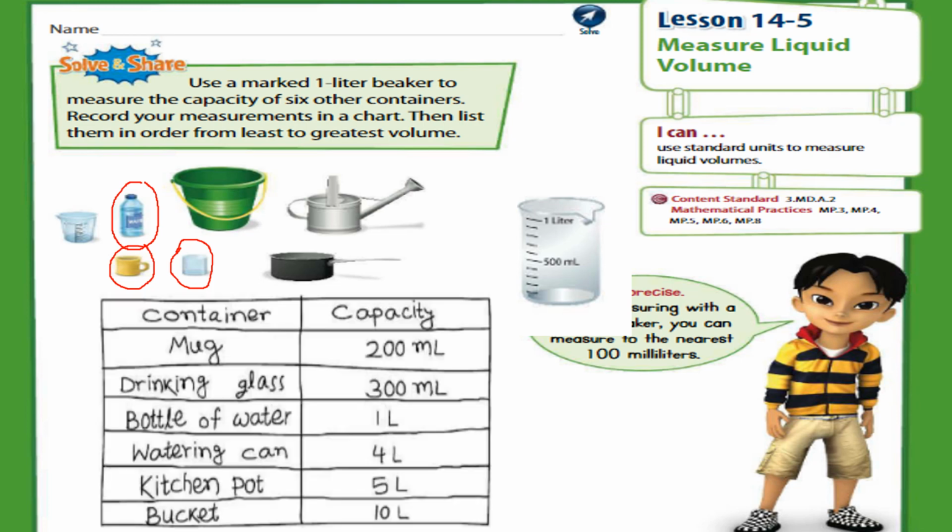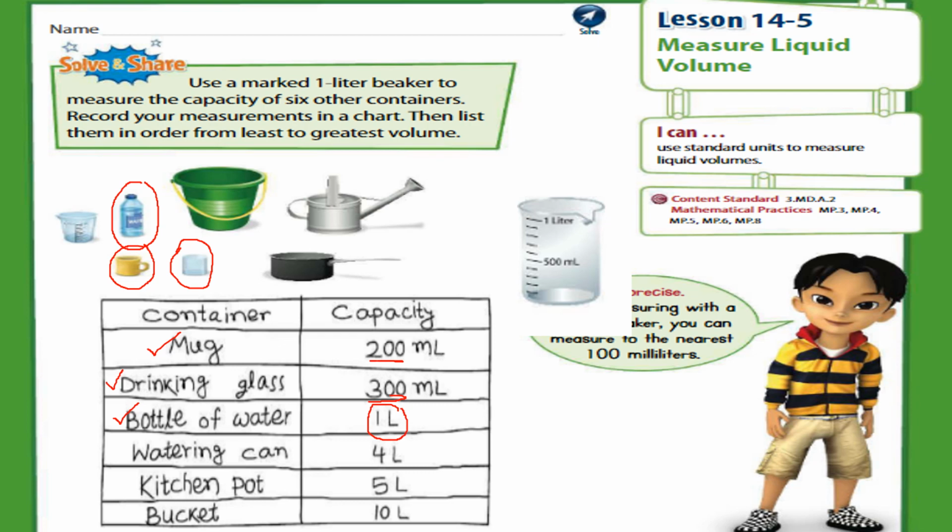So this is how I did it. The first one, the smallest, was the mug, and its capacity was 200 ml. Then I took a drinking glass from my kitchen and measured the capacity, and it was 300 ml. Then a water bottle, which I take with me to school, and its capacity is 1 liter.